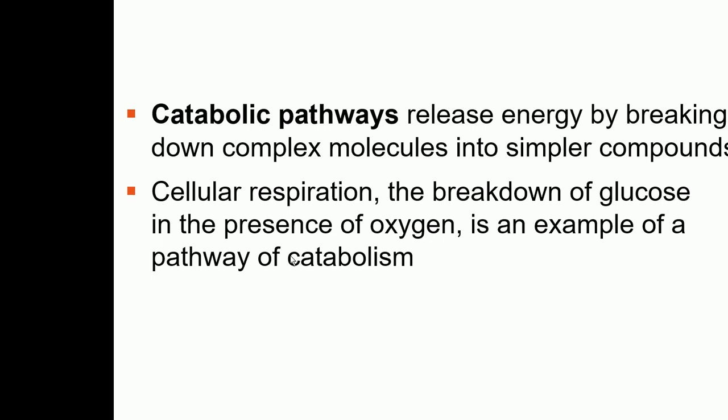If you remember from chapter number 5, amino acids are the monomers which make the proteins. So in the catabolic reactions, the large proteins get converted into amino acids. And in this process, energy is released. So catabolic reactions are breaking up reactions in which larger biomolecules get converted into their monomers or their subunits. And in this process, energy is released.